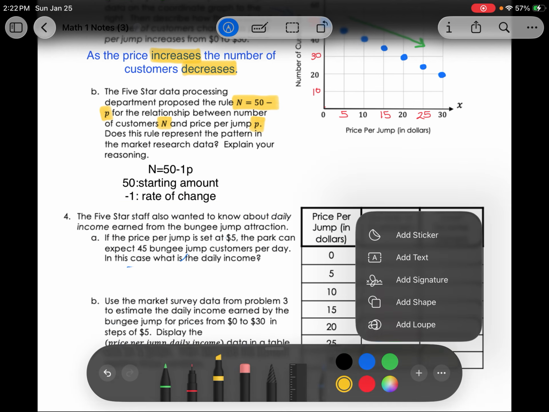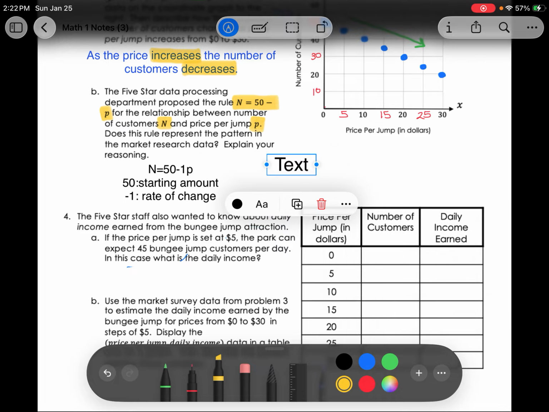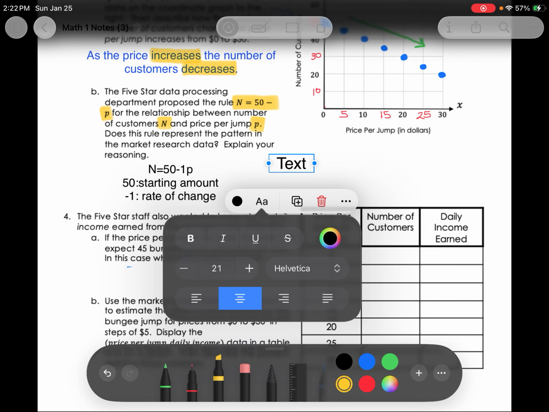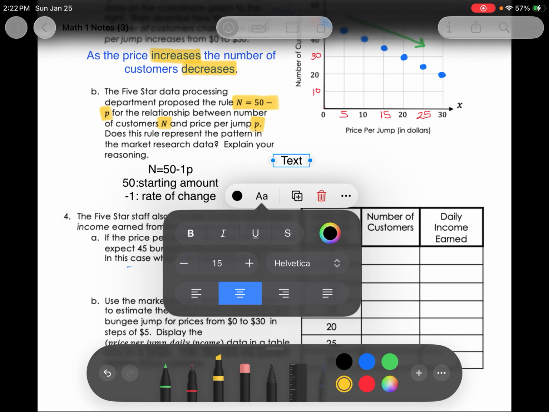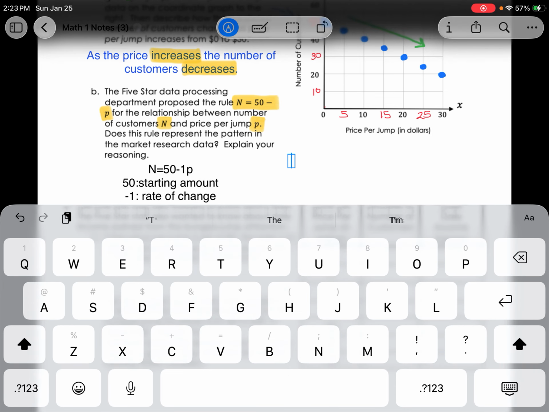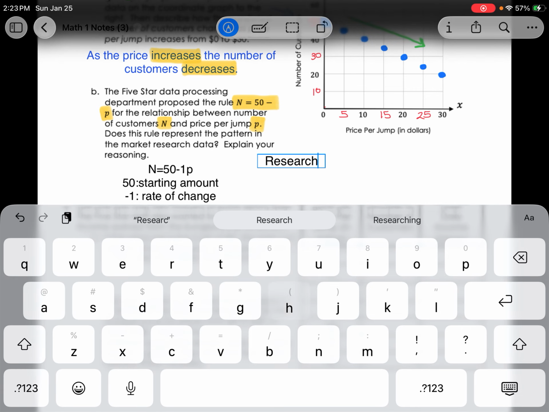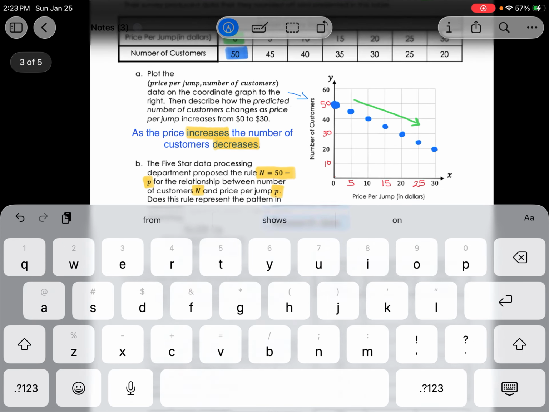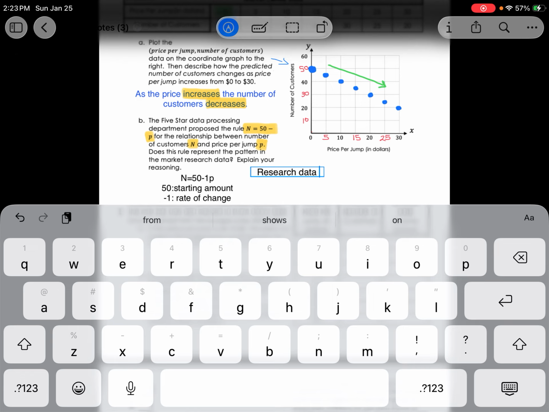And then using our research data, we can see that our starting amount is also at 50.